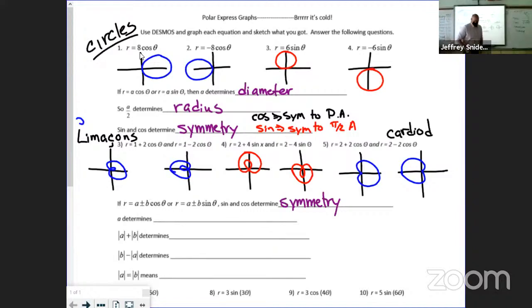I'm going to go ahead and pull up Desmos and see what you guys think it is. So the value of a. Let's see. Okay, 1 plus 2 cosine theta. Let me pull this over. Okay, here we go.